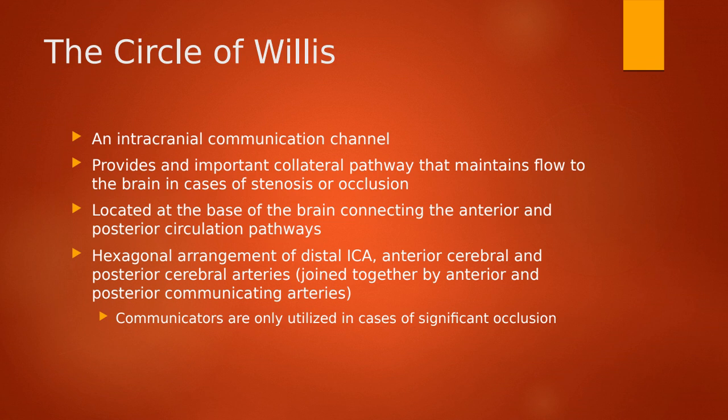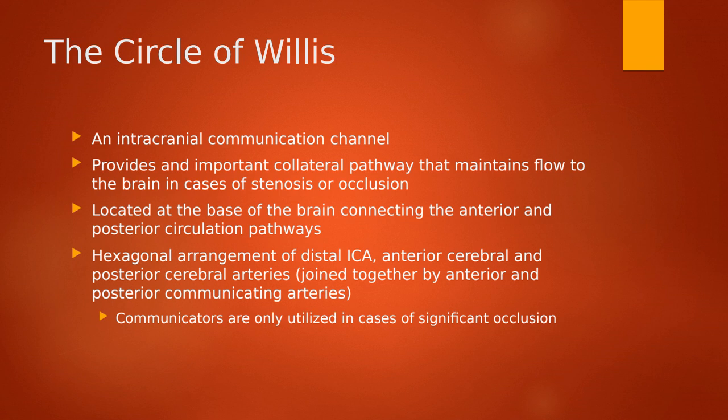So we have to make sure that we can maintain blood flow to the rest of that brain if that were to happen. And that's the purpose of this circle of Willis, is that it's not just like a one-way pathway. We can get blood supply from different parts of this pathway because it's all communicating together. The circle of Willis itself is going to be located towards the base of the brain, and it's going to have a connection between the anterior circulation and the posterior circulation.